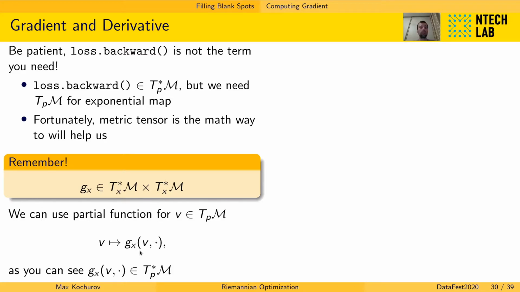And what we get is a partial function that will take one extra tangent vector and output you a number as a linear map. And that's exactly what cotangent vectors do. So this partial function is a cotangent vector. And you see, at this side, there is a cotangent vector. Loss backward is again a cotangent vector. What can we do out of it?